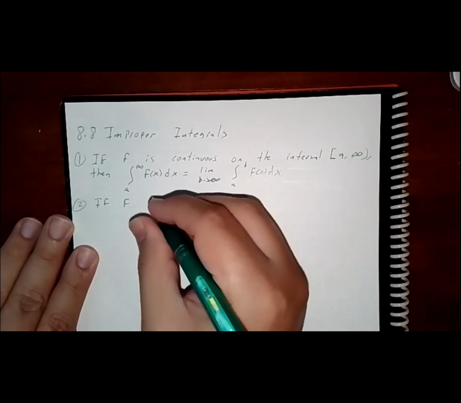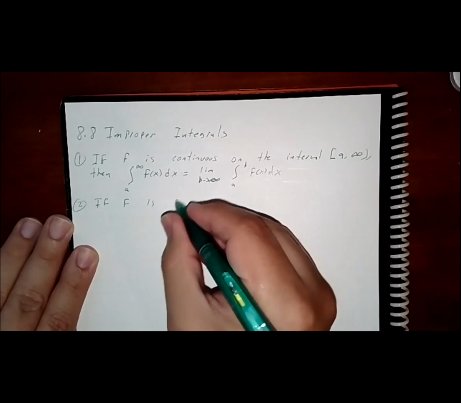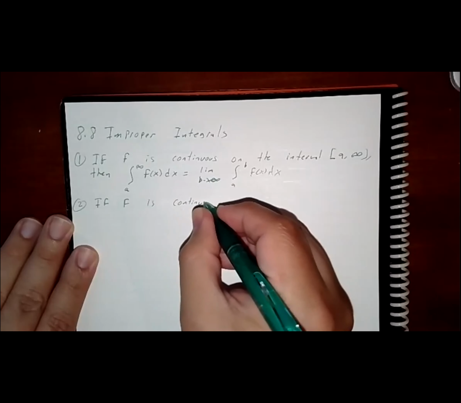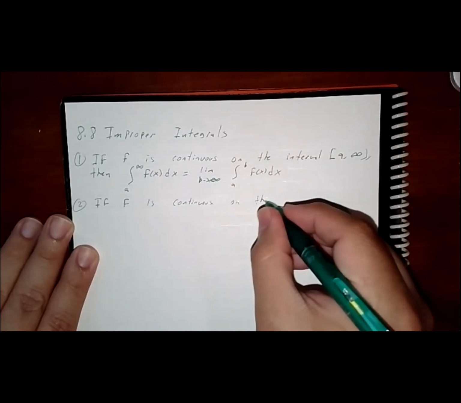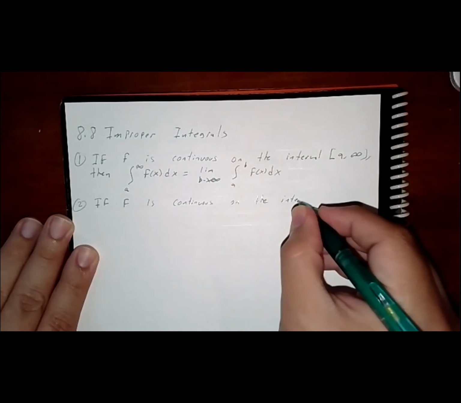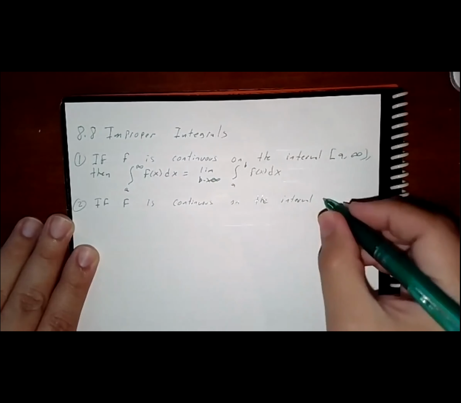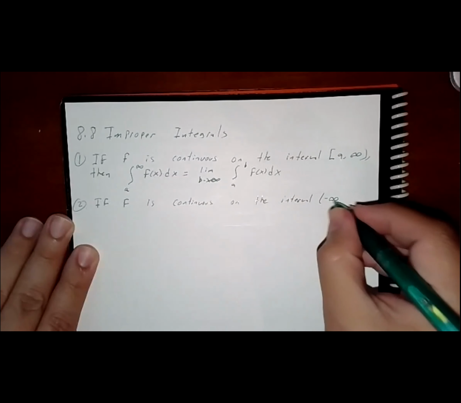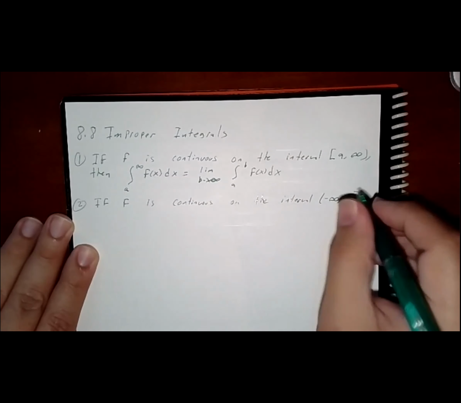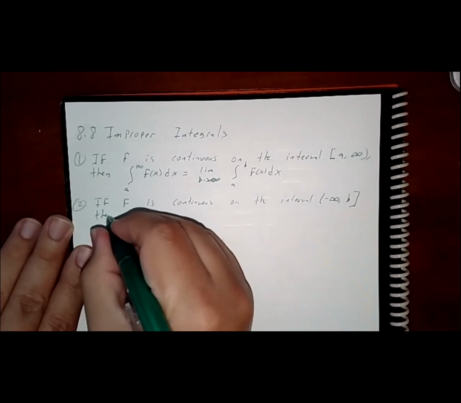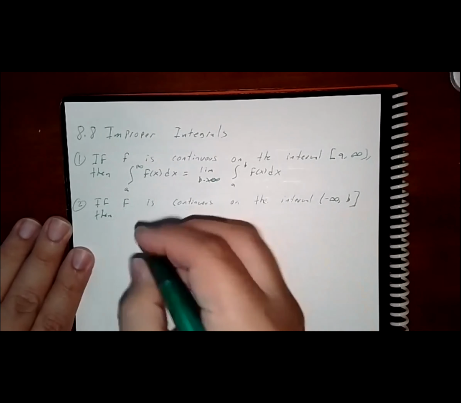If f is continuous on the interval negative infinity to b, then the way you're supposed to write it is like this.